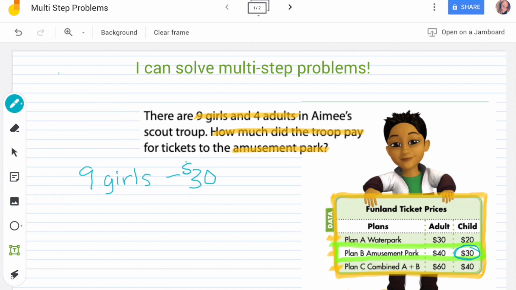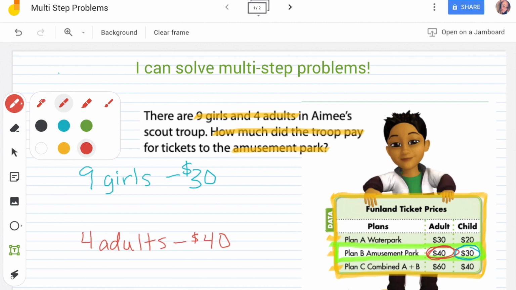Each girl cost $30. Now I also have another group of people that I need to account for, and that's the adults. There are 4 adults, and according to the data table, each one of the adult tickets cost $40. So that means that I have groups of tickets.